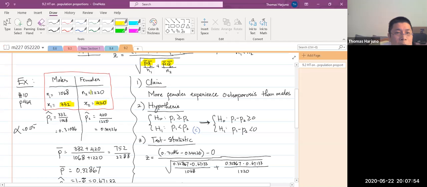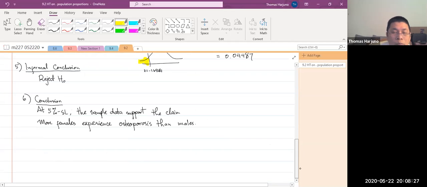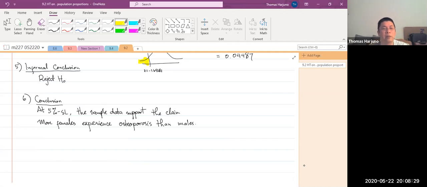Imagine if the number of females you ask is 1,000 something and the number of males you ask is only 68. There will never be more males than females experiencing osteoporosis, right? So to avoid the bias of not having enough males or not enough females that we observe, what we do is we look at the proportion instead. Now I have approximately 7 minutes left.